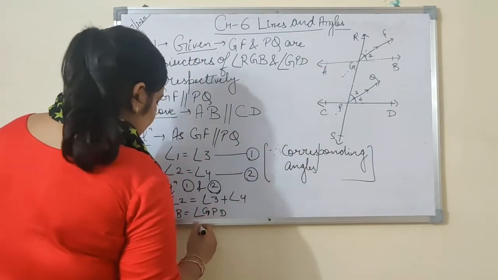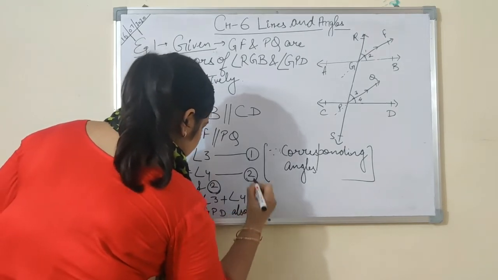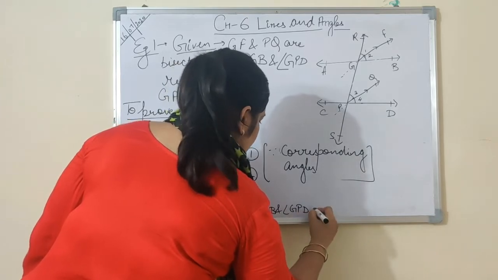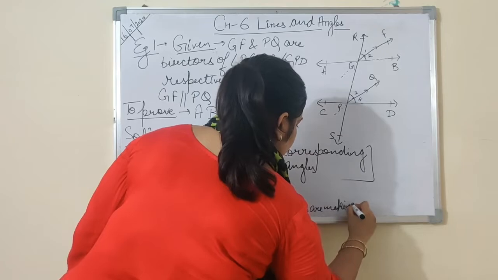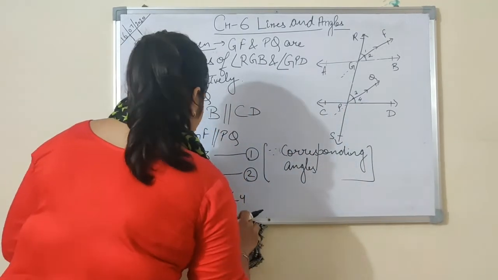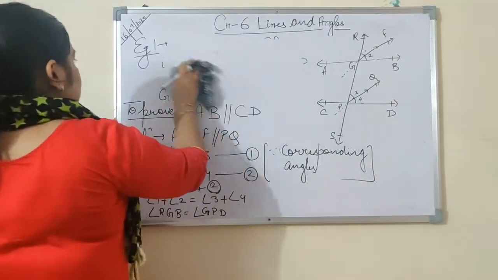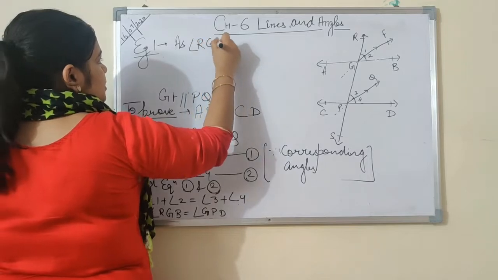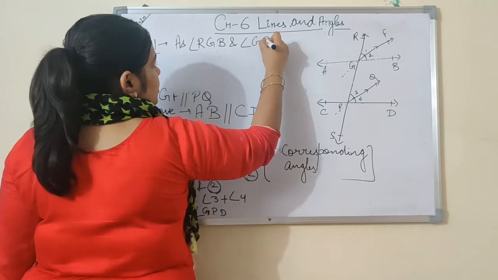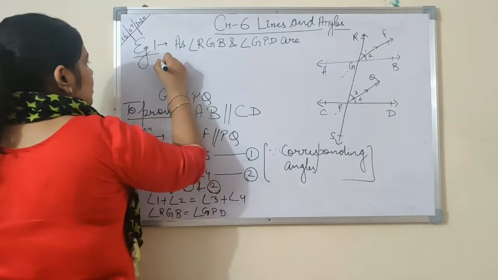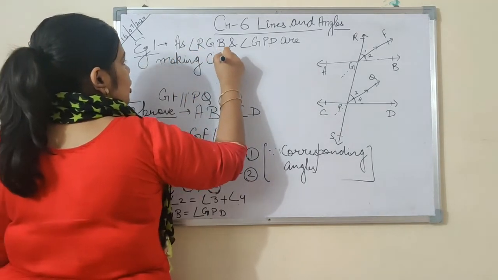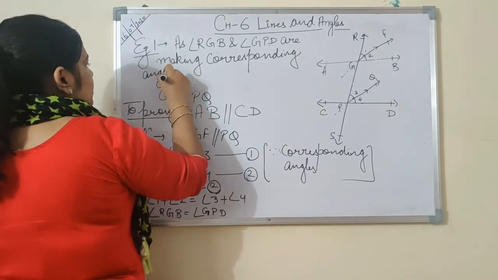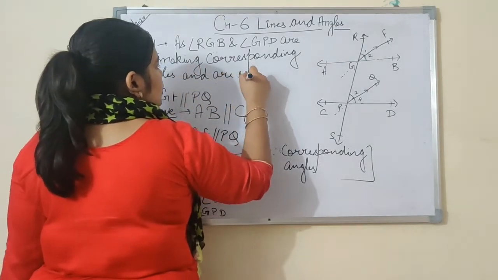So, I can write here that also angle RGB and angle GPD are making corresponding angles and are equal also.